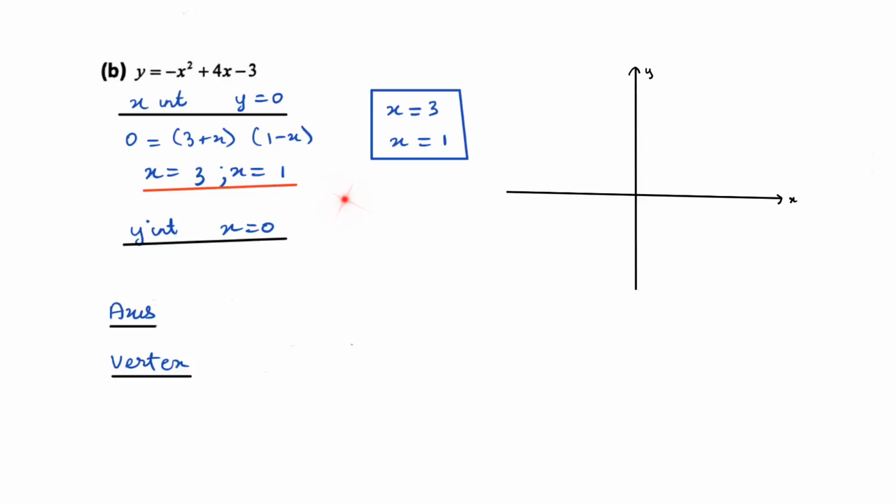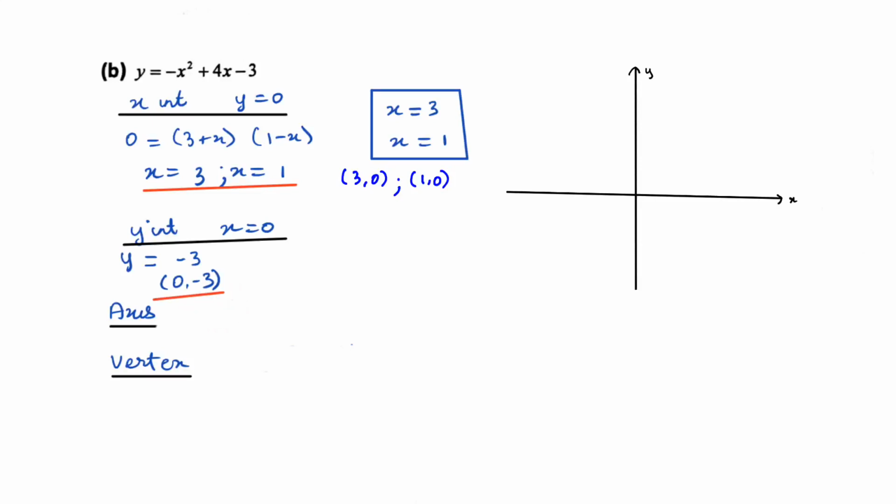If we write it in a coordinate form, it will be 3, 0 and 1, 0. The next thing, find the y-intercept. In doing so, we have to substitute x with 0. So the value of y we get is negative 3. We will write it as 0, negative 3.